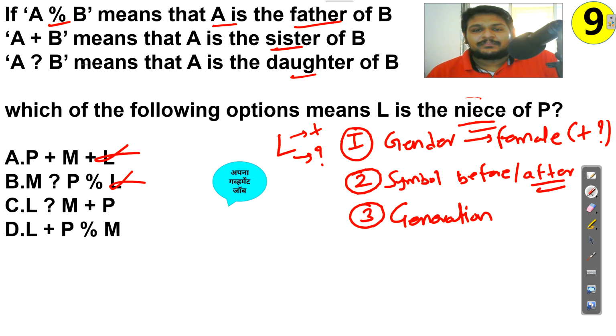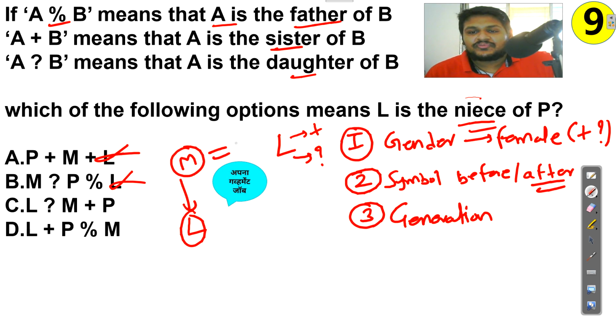L question mark M means L is the daughter of M. M plus P means M is the sister of P. And we want L is the niece of P. So you can see here, L is the niece of P, right? Sister's daughter is your niece. So the answer is C.